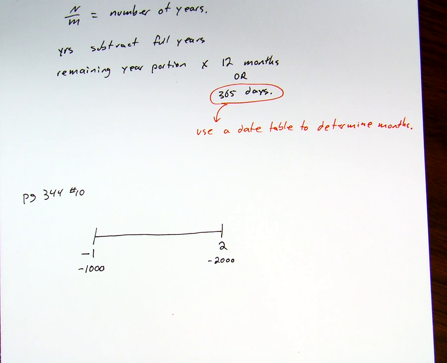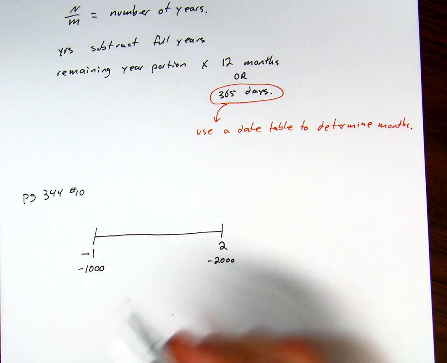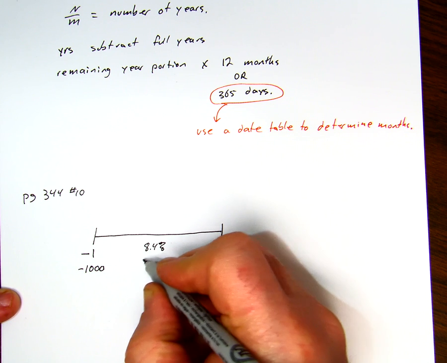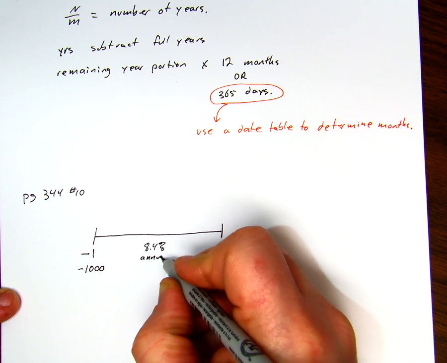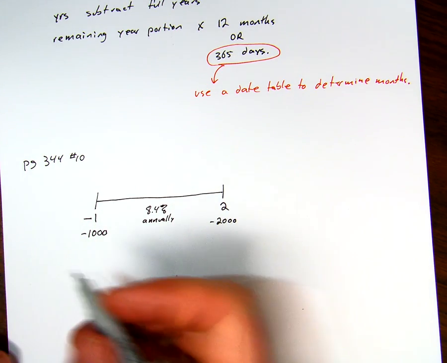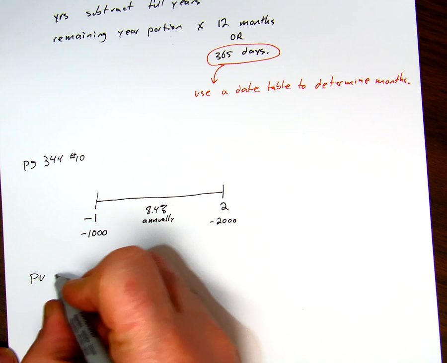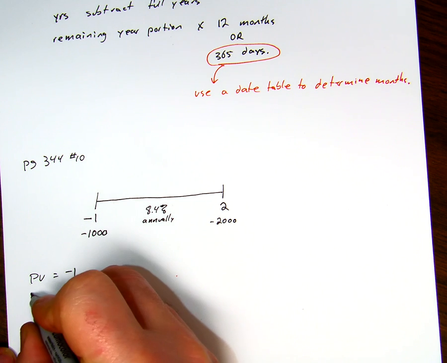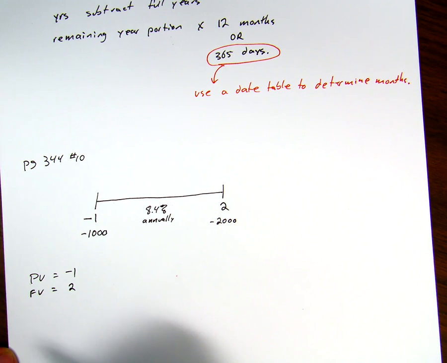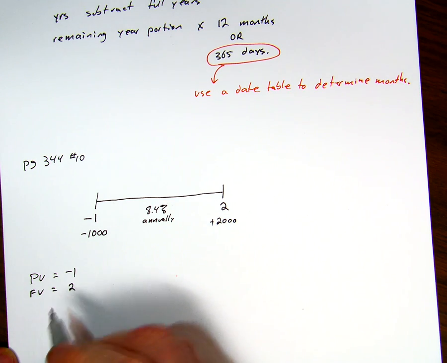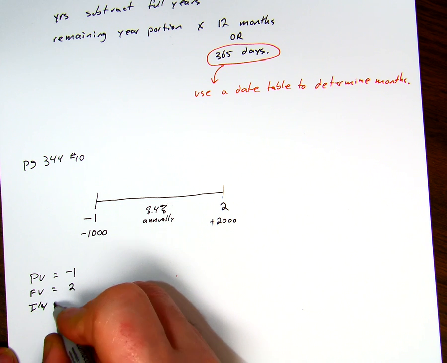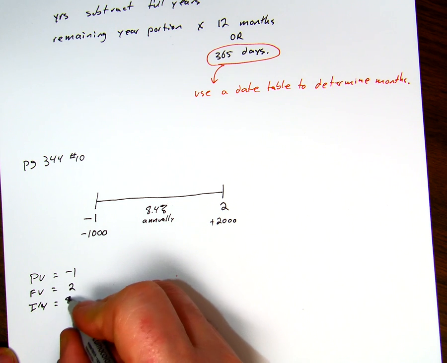The first problem is 8.4% compounded annually. So the rate is 8.4% annually, a fairly simple problem like we had before. We said present value equals -1, future value is equal to 2. You could also use 1,000 and 2,000 if you wanted. Our I per Y, because it's annual, is just 8.4.